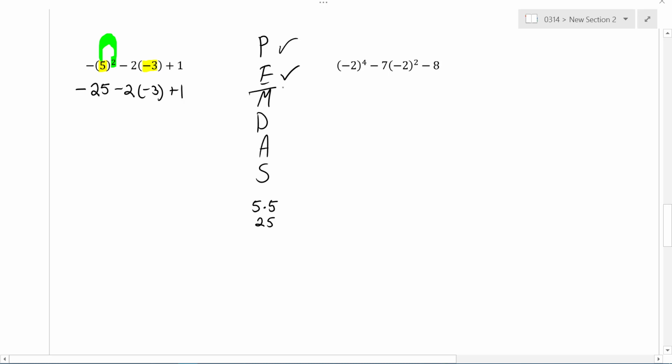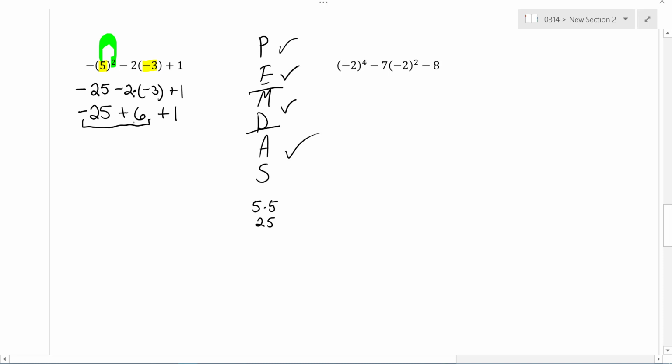And now we're going to move on to the next phase, which is multiplication and division from left to right. So do we see any multiplication or division as we move through the expression from left to right? And I do see a multiplication here between the negative 2 and the negative 3. So negative 2 times a negative 3, that's a positive 6. Alright, the last thing I'm allowed to do is any addition or subtraction, and I do that from left to right.